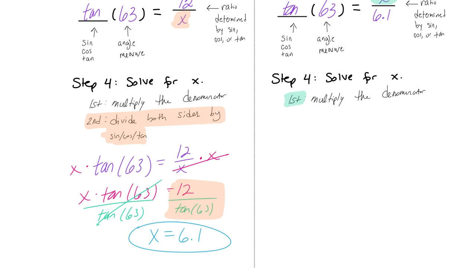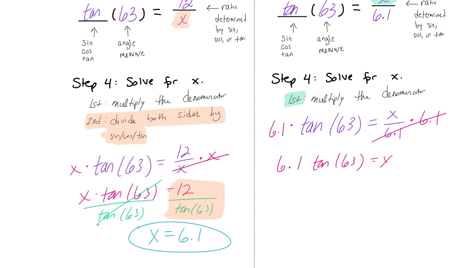I'll look at the second problem and let's compare and see how they're different. This one is tangent of 63 equals x over 6.1. I'm going to do the same first step, multiplying by the denominator. And I will get 6.1 times the tangent of 63 is equal to x.